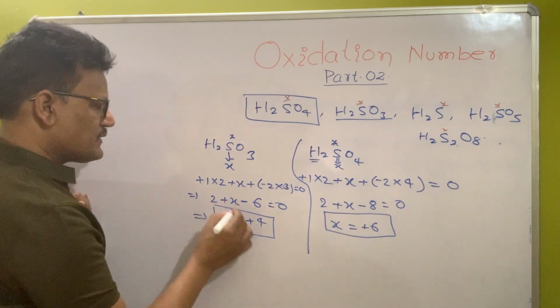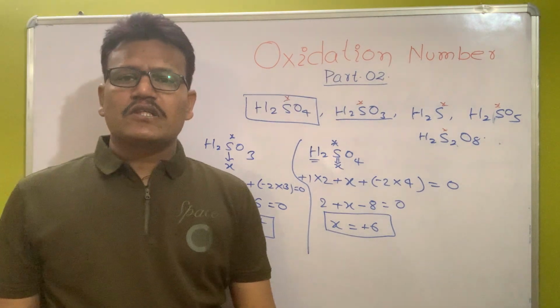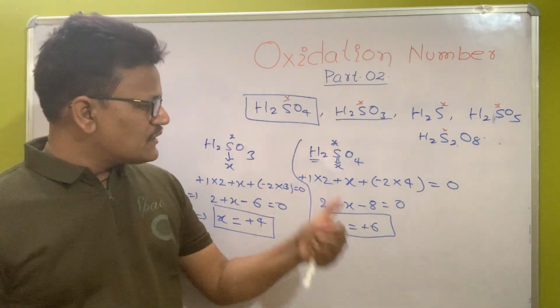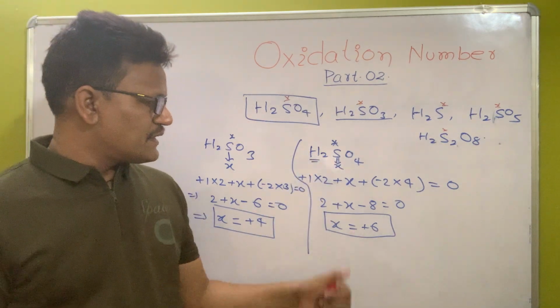So in sulfurous acid, the oxidation number of sulfur is +4. In sulfuric acid, the oxidation number of sulfur is +6.